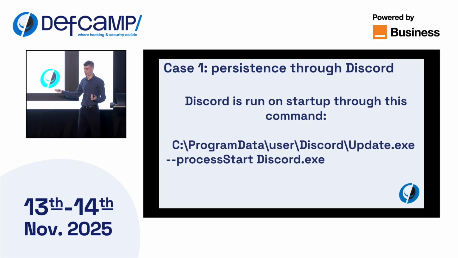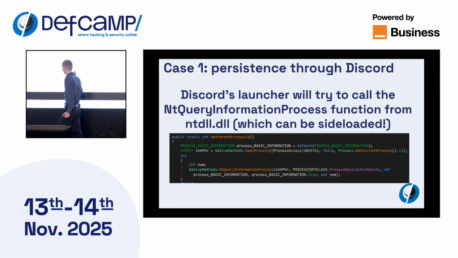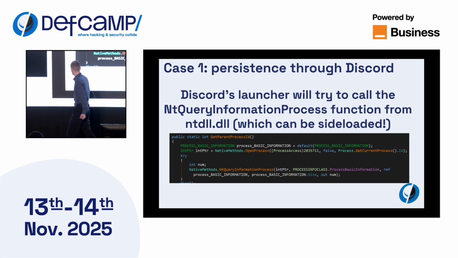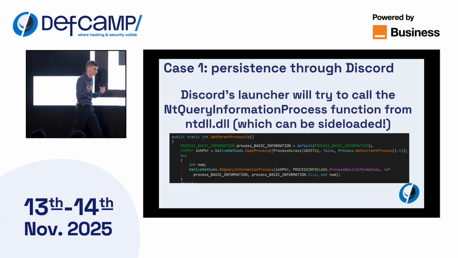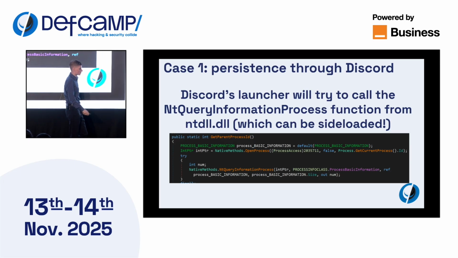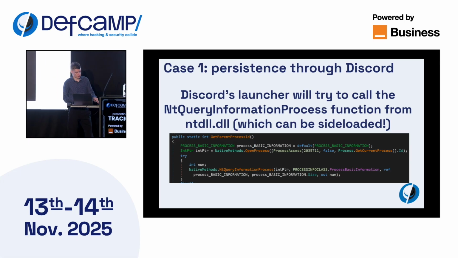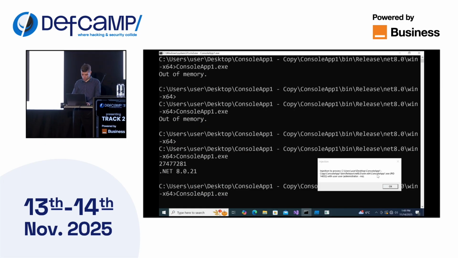In it there is a flag, process start, but if you change it to process start and wait, then Discord on startup calls this function, NtQueryInformationProcess, which is from ntdll.dll. And if we do it, we can sideload this DLL and launch malicious code inside the Discord process whenever our machine starts up.